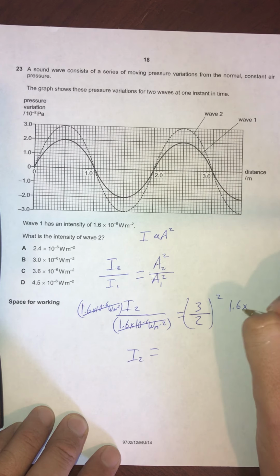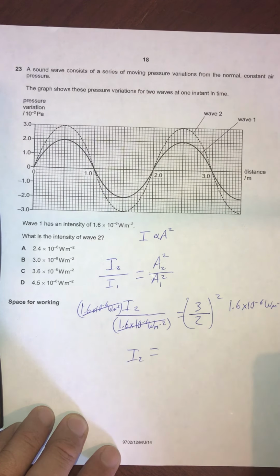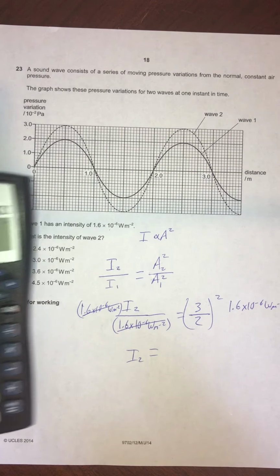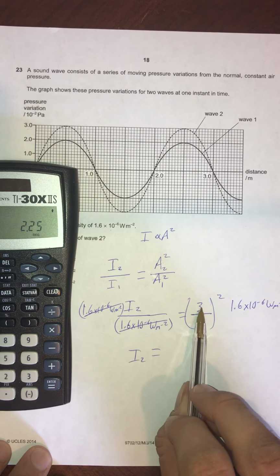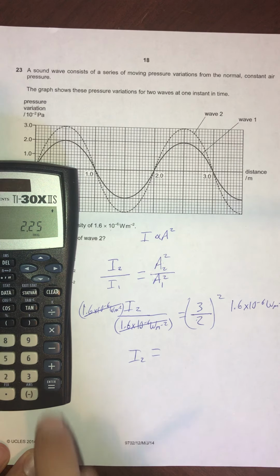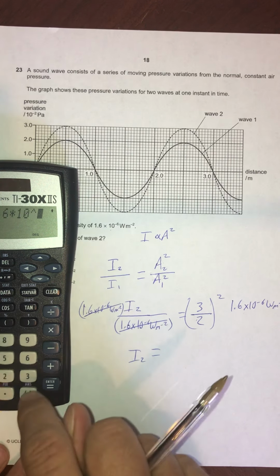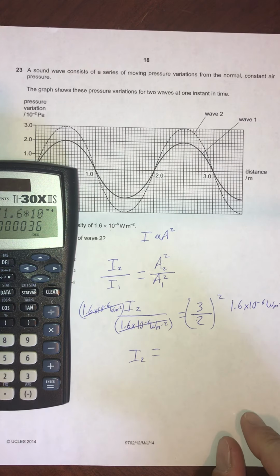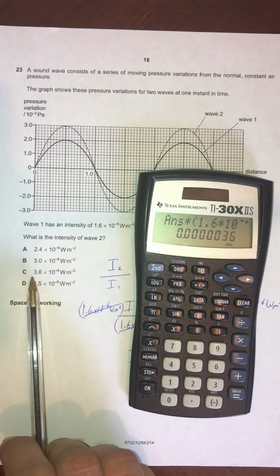So if I do that to that side, I've got to do the same thing to the other side, so it remains equal. And the intensity of wave 2 will be 1.5 squared, which is 2.25, times the quantity 1.6 times 10 to the negative 6, which gives me 3.6 times 10 to the negative 6, which is choice C.